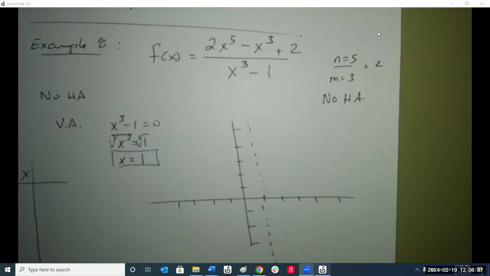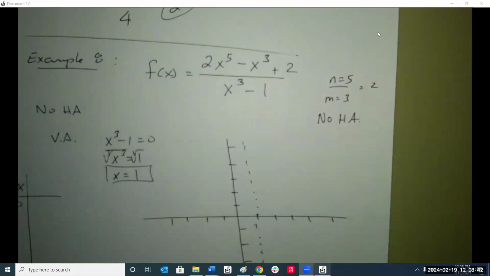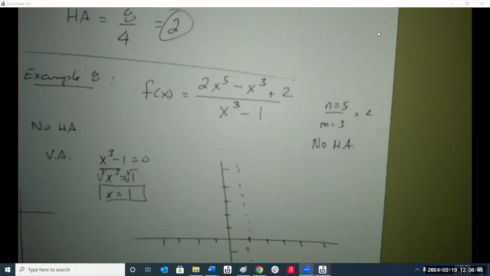When x equals 0, we have 2 over negative 1, so it's negative 2. When x is negative 1, we have negative 2 plus 1 plus 2 over negative 1 minus 1, which is 1 over negative 2, negative 1/2.